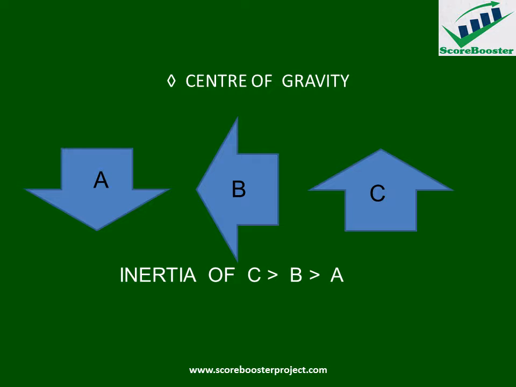So the lower the center of gravity, the more the inertia of an object, and therefore object C will appear to be more stable than B, while B is also more stable than A. So the order of inertia is going to be C greater than B greater than A. So that means C is the most stable, followed by B, which is neutral, while A is unstable.